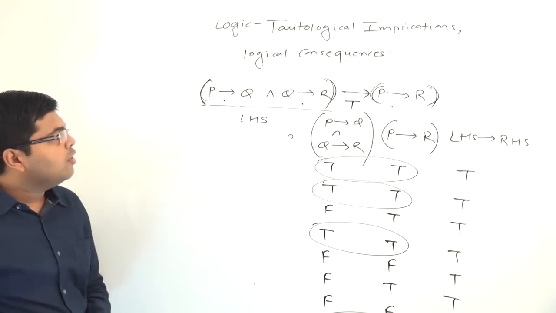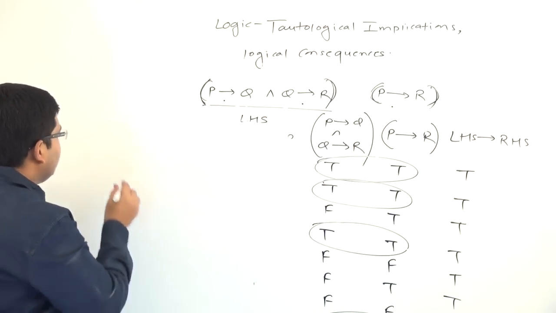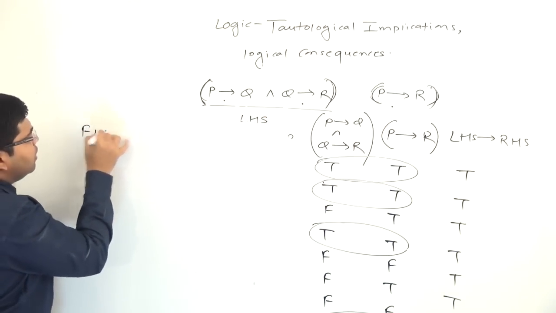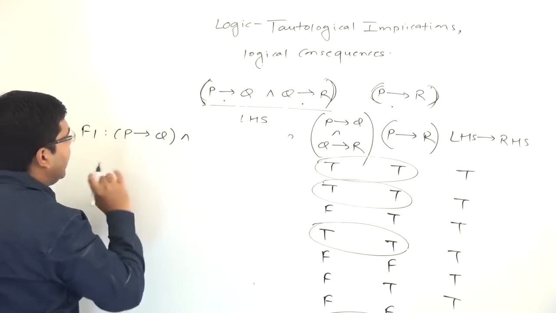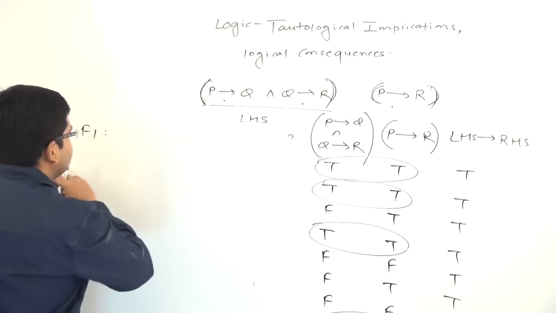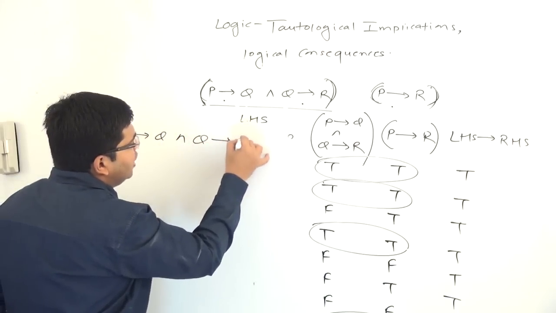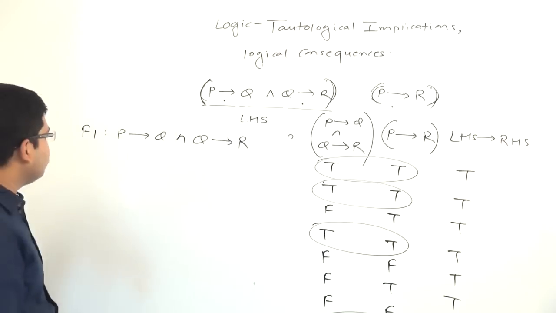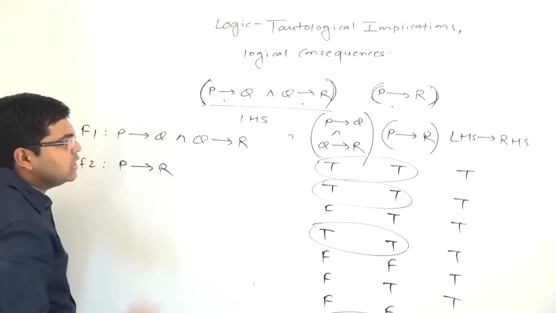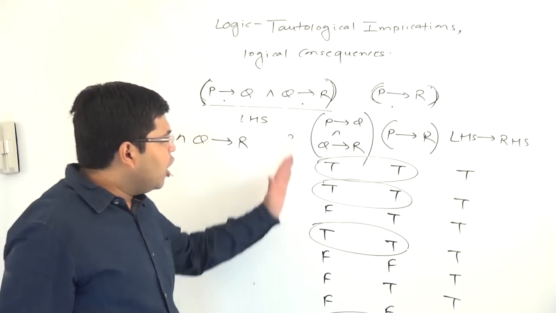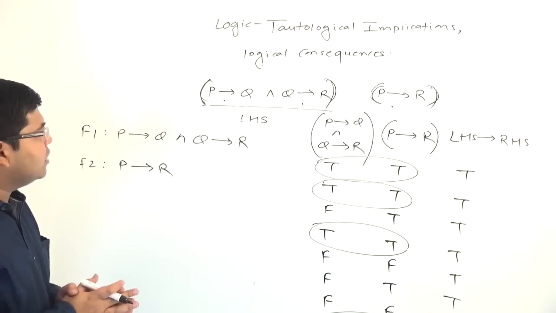See, what I will do now, we will compare these two formulas. One formula F1 is P implies Q and Q implies R. And the second formula F2 is P implies R. And we have drawn the truth table for these two formulas. Now here is one important observation.